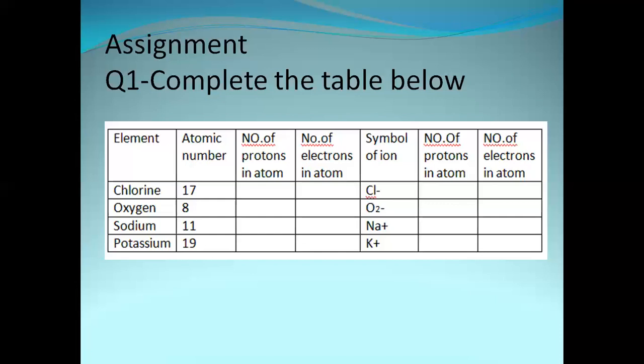Once you are given the atomic number, you can easily calculate the number of protons, and in a particular atom, the number of protons is always equal to the number of electrons. So utilize this concept. The same atomic numbers will be used for anions, but the number of protons and electrons would vary in that case. Use the concept of gaining and losing electrons.